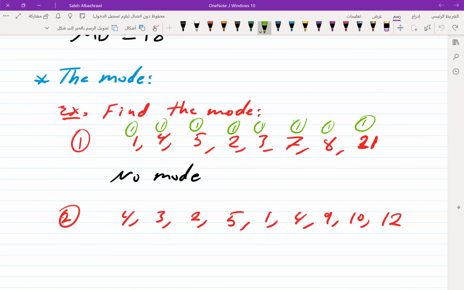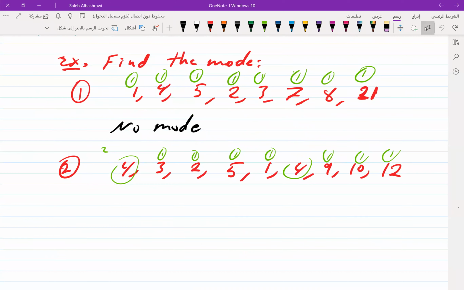Number 4 is repeated how many times? 1, 2. So 4 is repeated 2 times. 3 only one time, 2 is one time, 5 is one time, 1 is one time, and 9 one time, 10 is one time, and 12 only one time. So we can see that the value 4 is repeated 2 times. So we say the mode for this case is equal to 4.